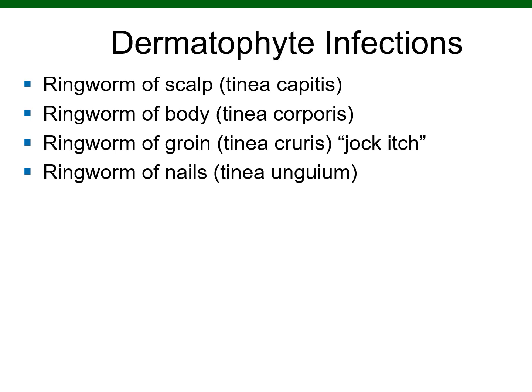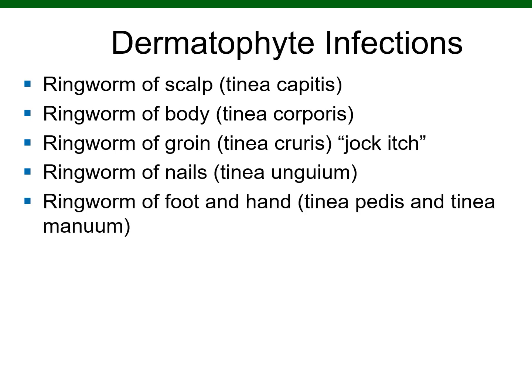And so we have this term here, Tinea unguium, that describes that. And then we can talk about ringworm of the foot, like we know commonly as athlete's foot, also known as Tinea pedis, more technically, or of the hand, Tinea manum.